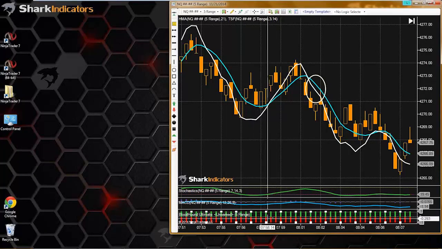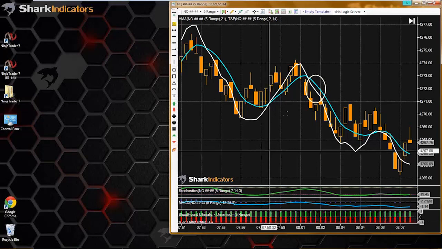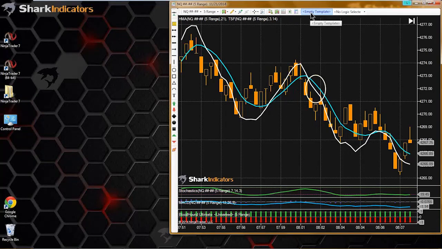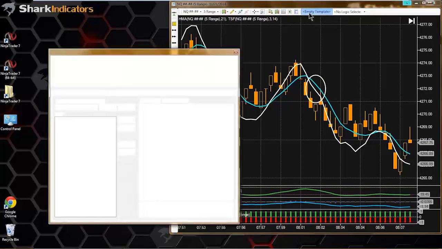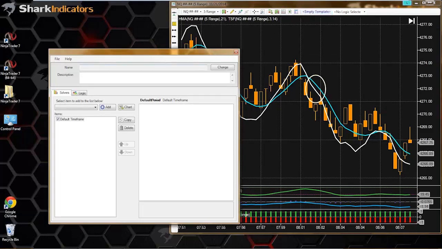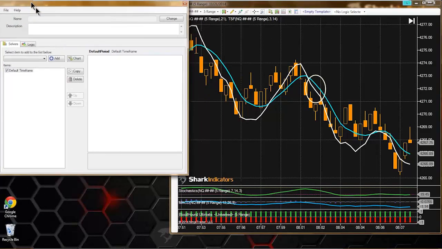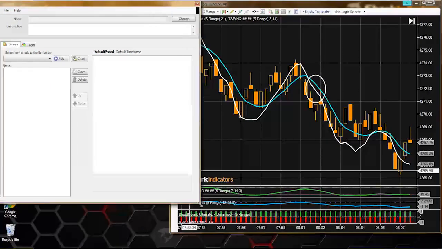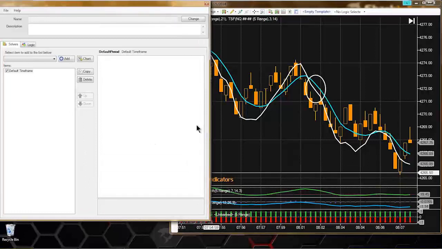So that template already loaded BloodHound onto my chart. To start working in BloodHound, I'm going to use the button up here. It says empty template because BloodHound is blank right now. We haven't started working with it. All right, so there's our BloodHound interface that we can start working in.